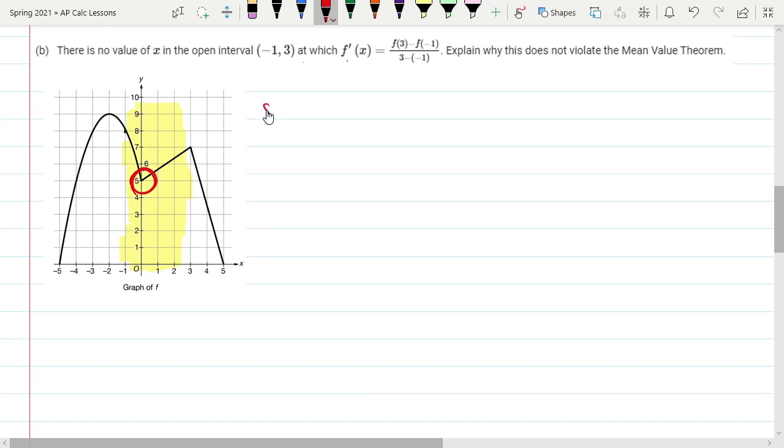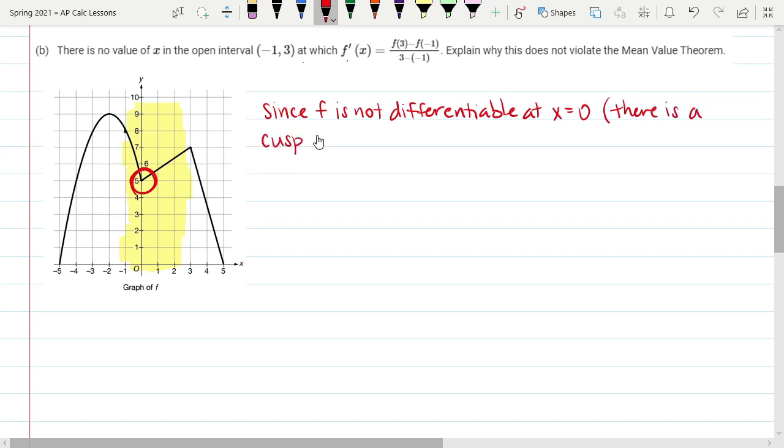So we can say f is not differentiable at x equals 0, and there is a cusp there. Remember the difference between a corner point and a cusp. A cusp is formed by curves as opposed to a corner point, which would be formed by two line segments. So for example, this point here, that would have been a corner point, but we're not talking about that one. Okay, so there is a cusp there.